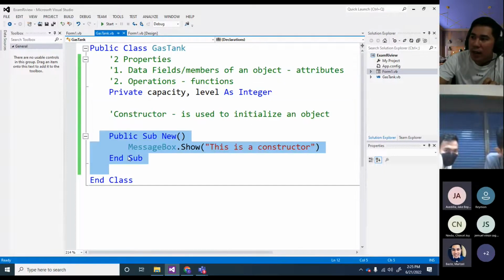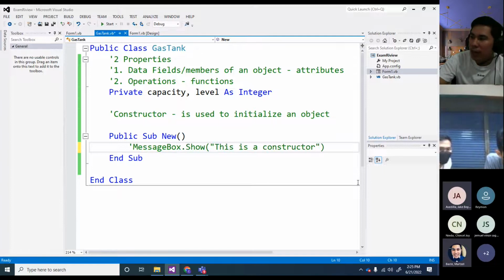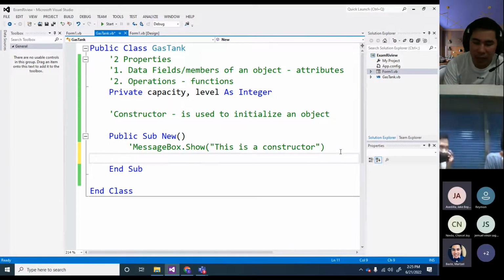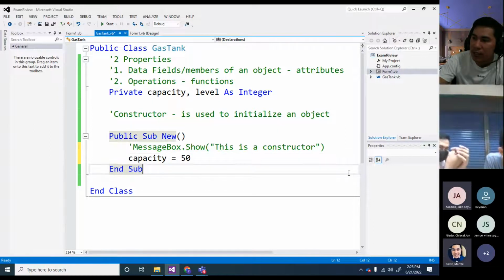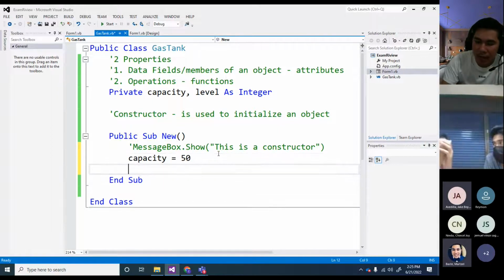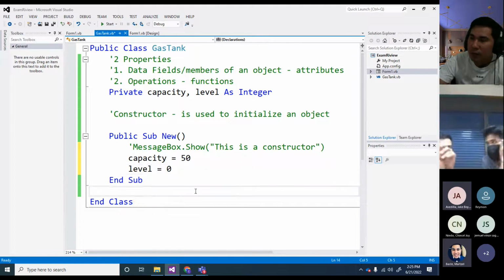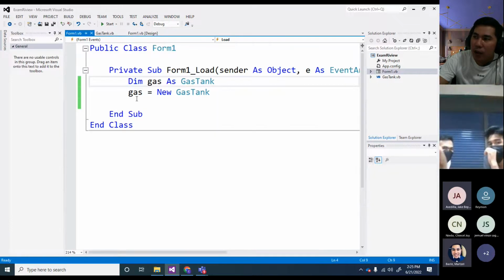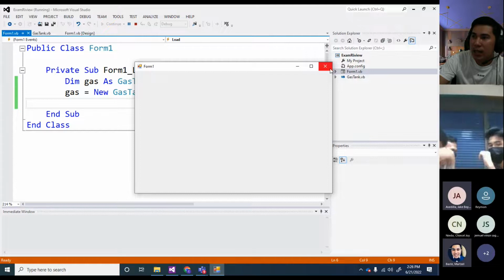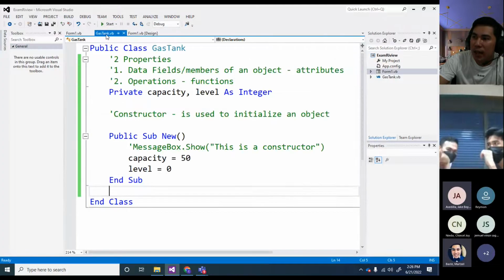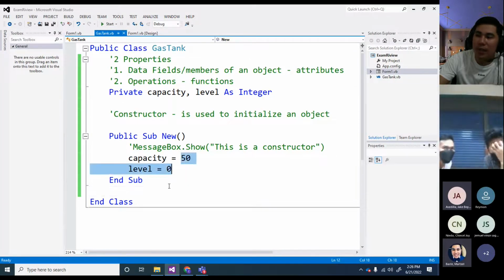So meaning to say, anything that I put right here, let's say my capacity is 50 liters, and my level I will define as 0. That means when I call this one, the value of the level and the capacity is what? Is 50 and 0 respectively.